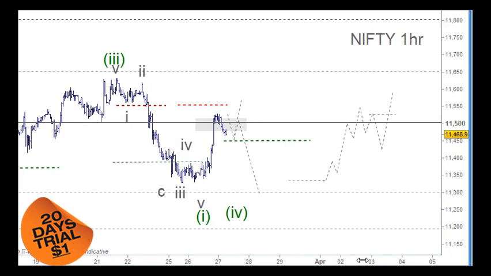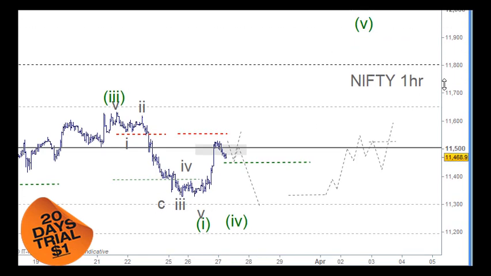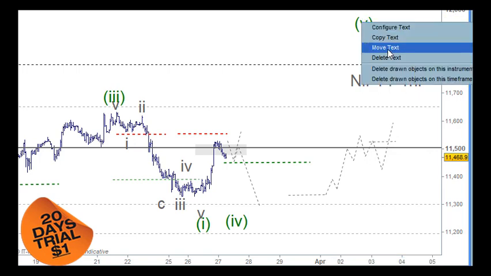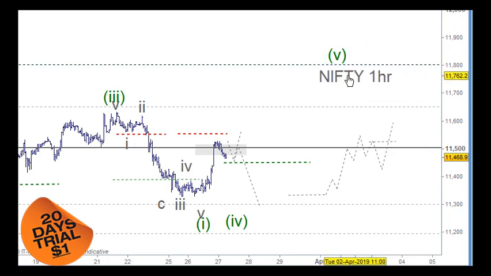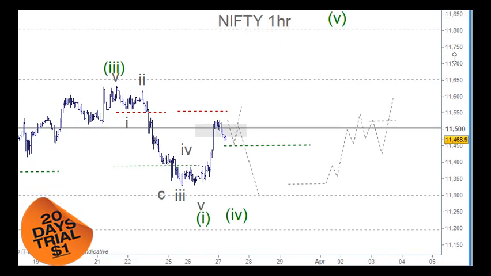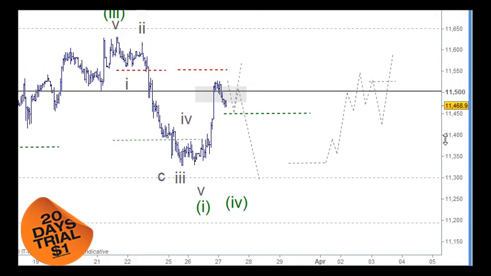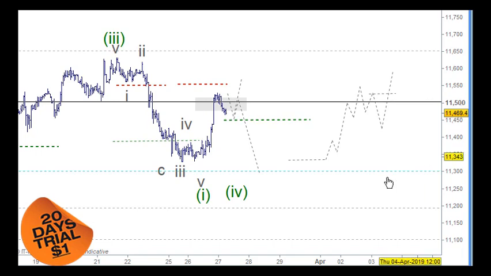So for long trades, we have to wait for that, and then we'd be catching a 3rd wave to the upside in part of this wave 4 to wave 5 to the upside, which would take us up higher to the 11,800 area up here. Let's bring that down here for the moment. Otherwise we're on the short side here, and that would be in line with the US market.